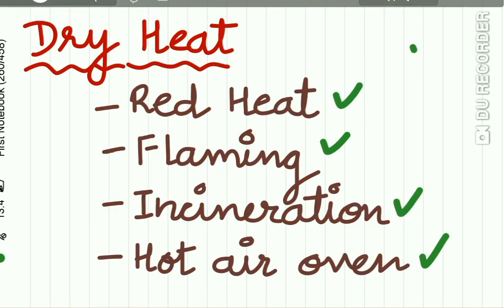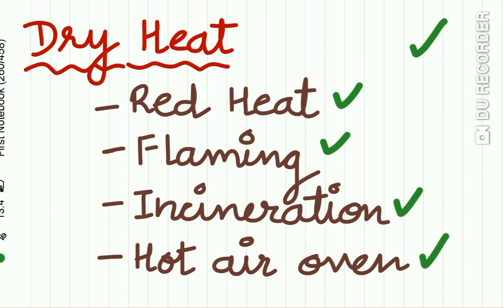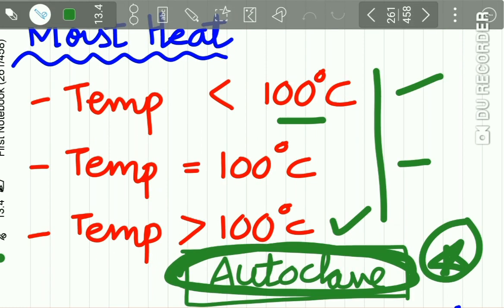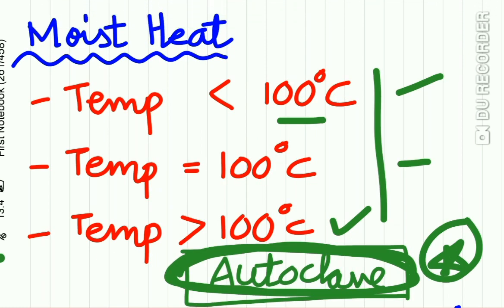The dry heat sterilization methods are use of red heat, flaming, incineration, and use of hot air oven. While the moist heat method may be used at a temperature less than 100 degrees Celsius, at 100 degrees Celsius, and more than 100 degrees Celsius.